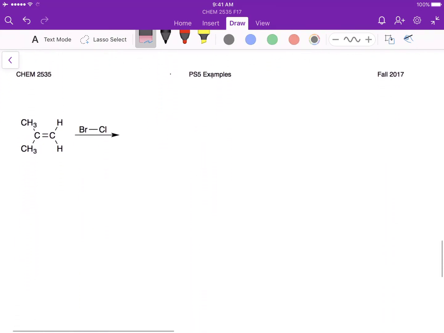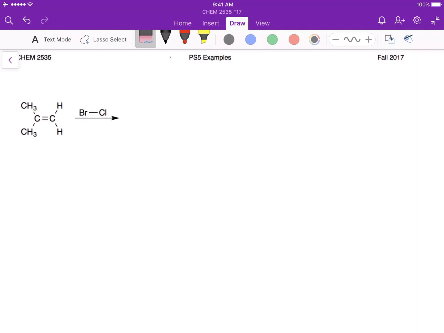Okay, let's move on to our final example here. Now at first, this one can be somewhat confusing because we've added things like HBr, HCl, we've added Br2, Cl2, and so on.